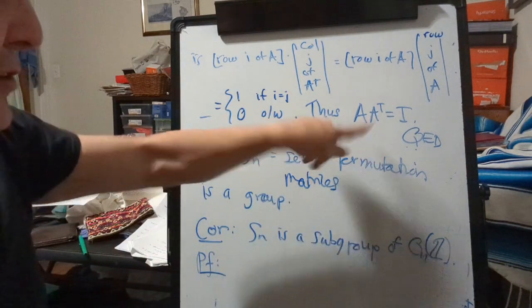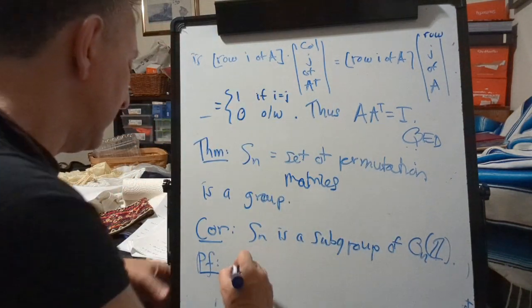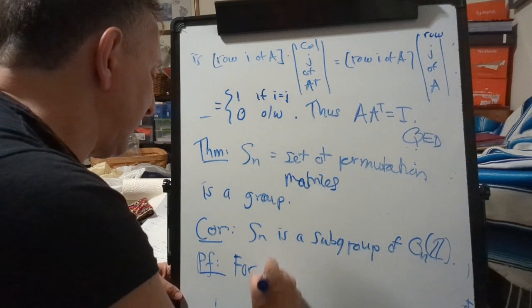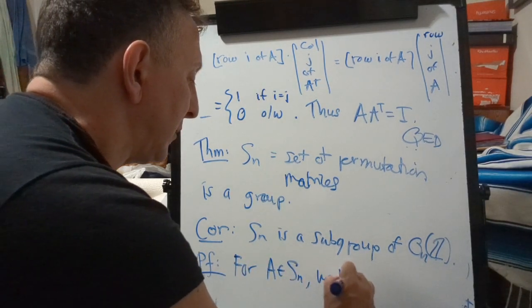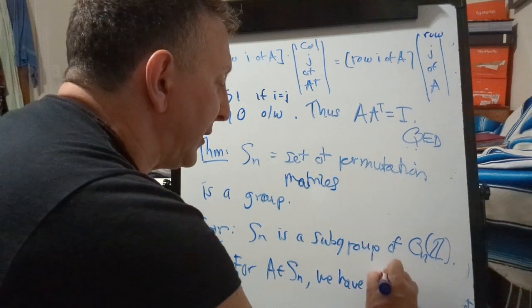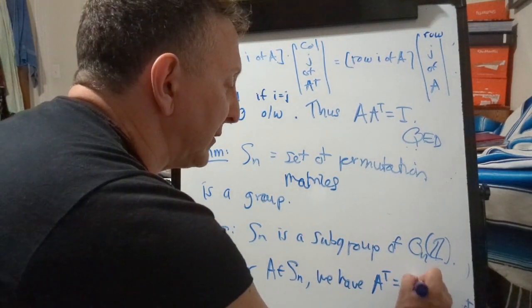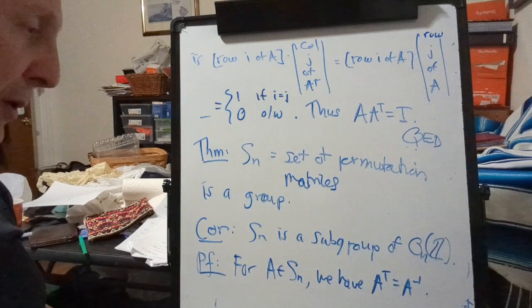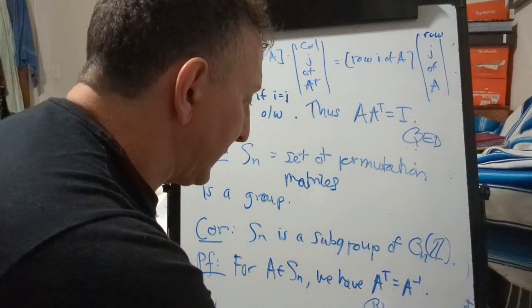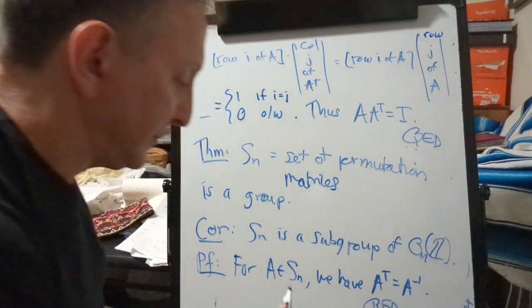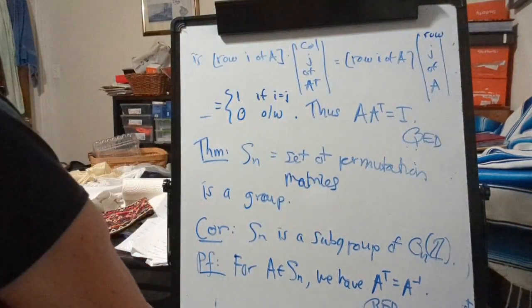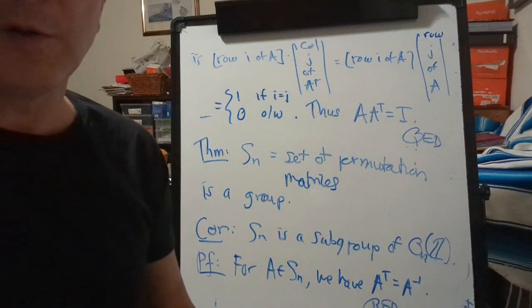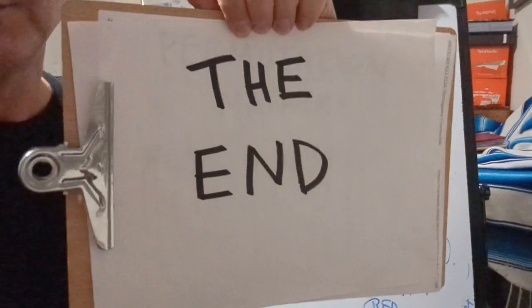And we know that permutation matrices have that property. So for A in Sn, we have A transpose is A inverse. That's all it takes to be part of the orthogonal group. So permutation matrices form a group, and they form a subgroup of the orthogonal group. The end.